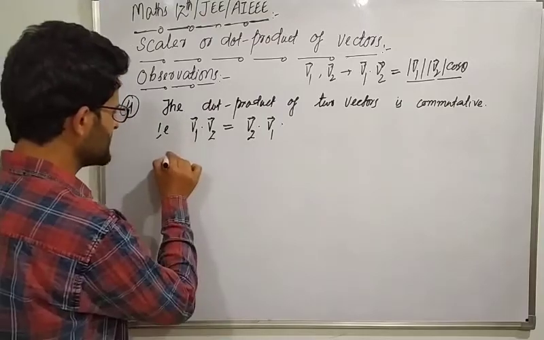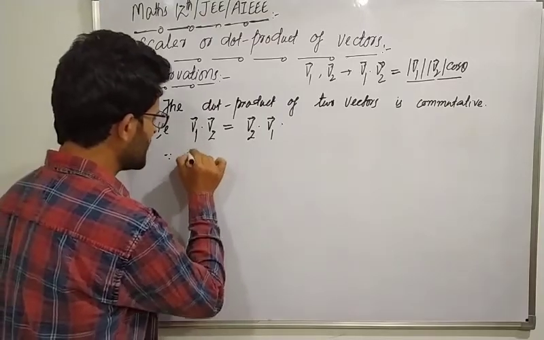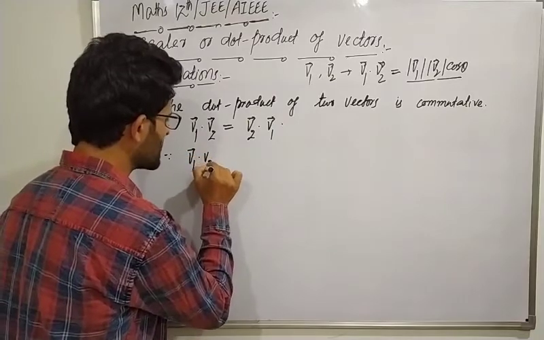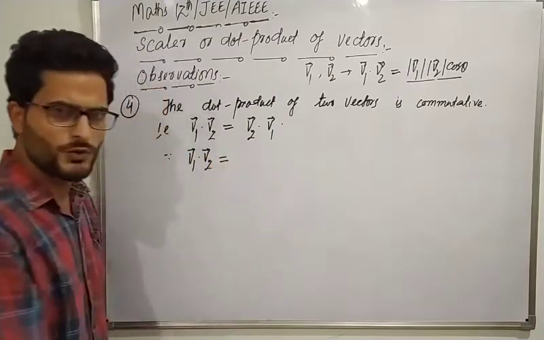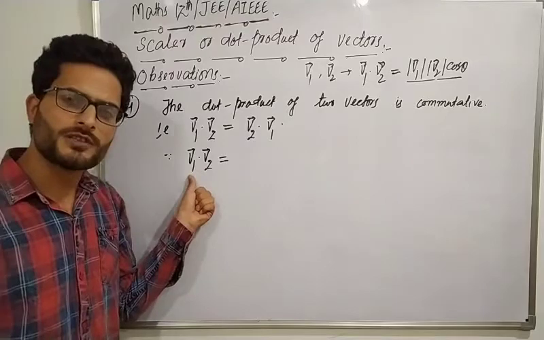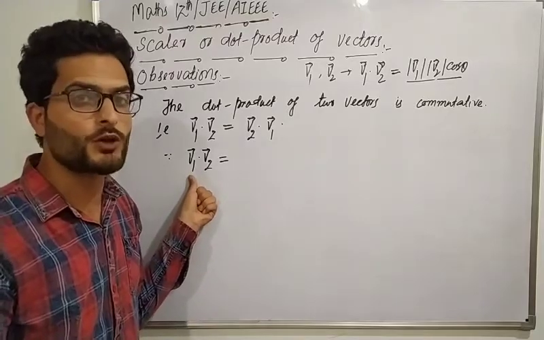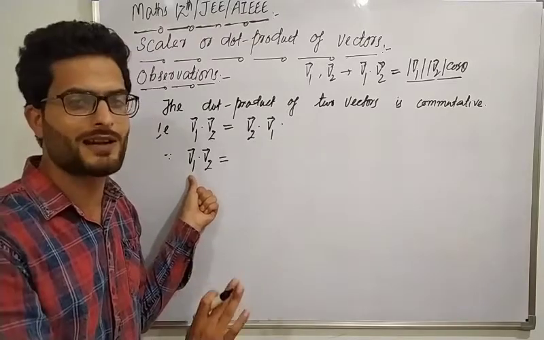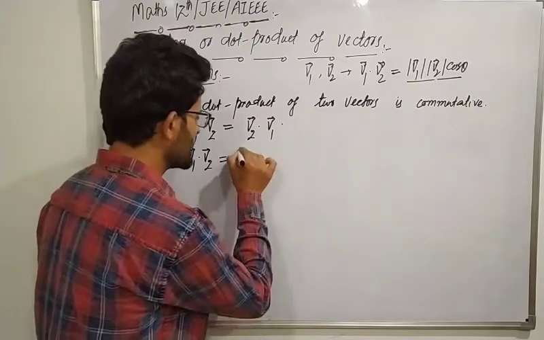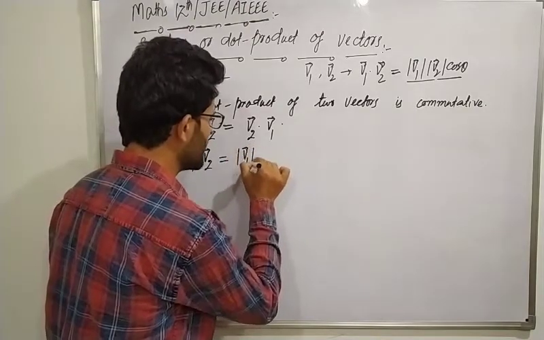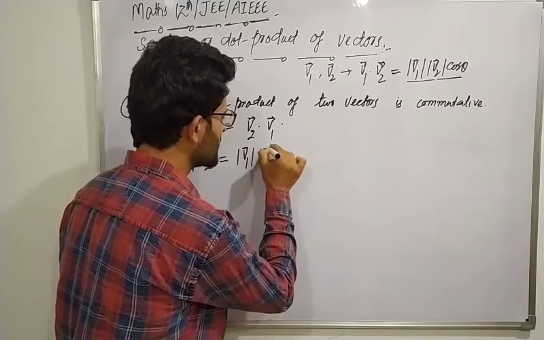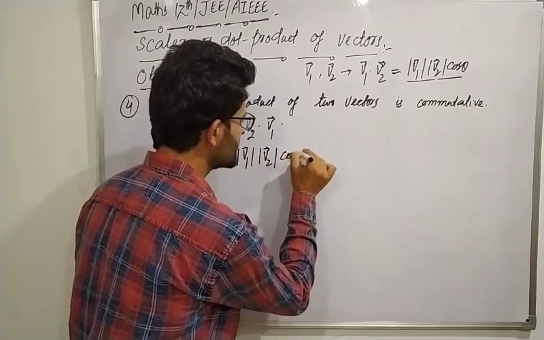We can see it because अगर हम ले लेंगे v1 dot v2, that is the dot product of vectors v1 and v2, by the definition it is equal to the product of their magnitudes and cosine of angle between them. So it is equal to magnitude of vector v1 into magnitude of vector v2 into cos theta.